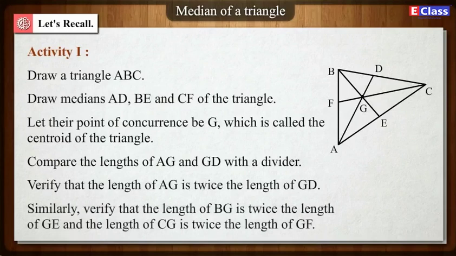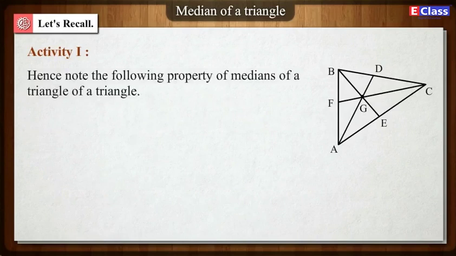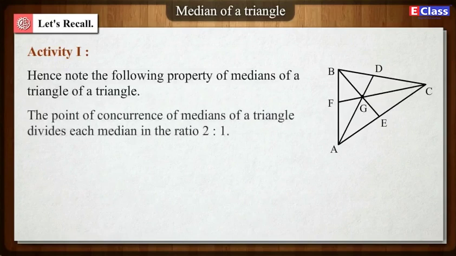Similarly, verify that the length of BG is twice the length of GE and the length of CG is twice the length of GF. Hence, note the following property of medians of a triangle: the point of concurrence of medians of a triangle divides each median in the ratio 2:1.